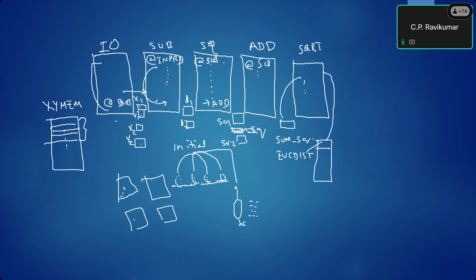If you want, you can model them as all separate clocks. Each of them has their own clock. So this is an event-based communication. So communication is based on signaling of events.